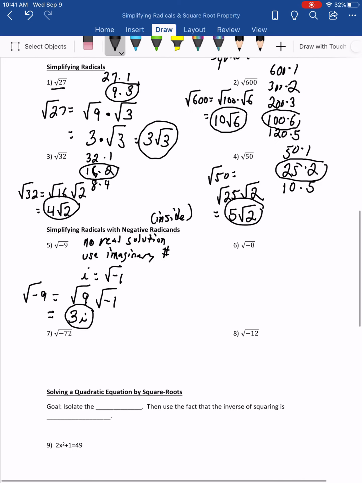There's your perfect square of the 9. So x equals plus or minus square root 9 square root 5. So that's going to be plus or minus 3 square root 5, which you'll write as 3 square root 5, comma, negative 3 square root 5.